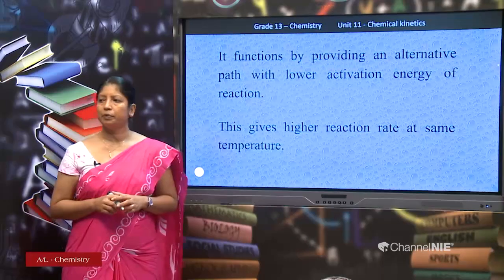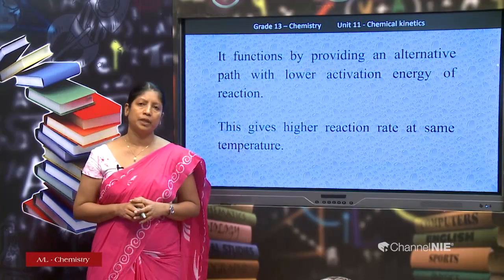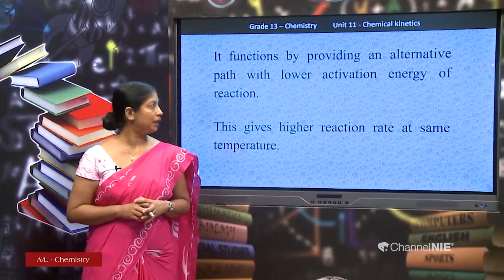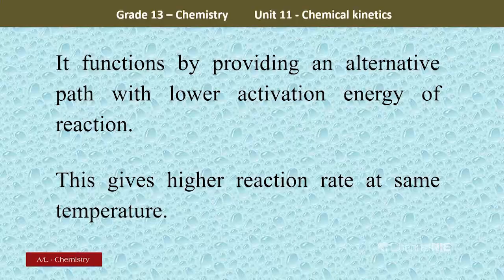Now, how can it improve the reaction rate? The rate can be improved by providing an alternative path for the reaction. The reaction proceeds in a certain mechanism. When you introduce the catalyst, the path or the mechanism will vary.